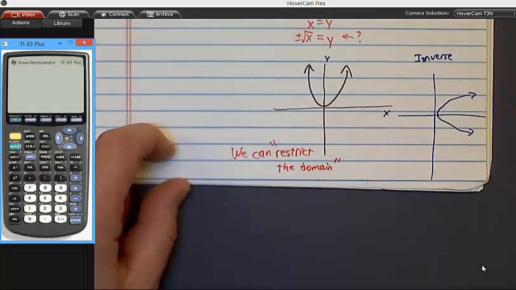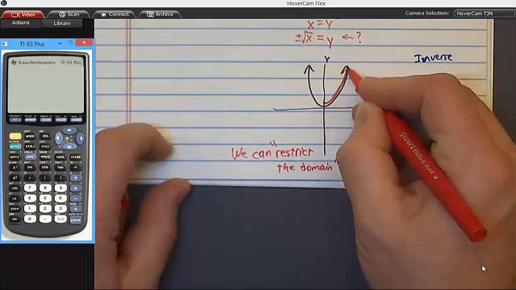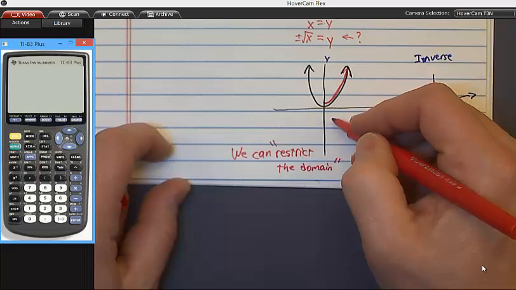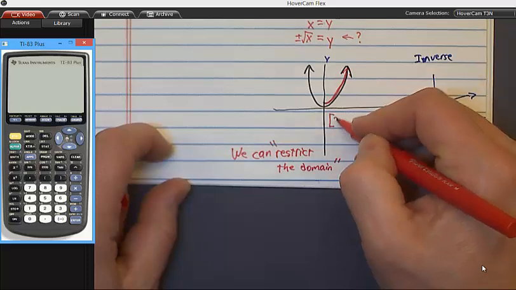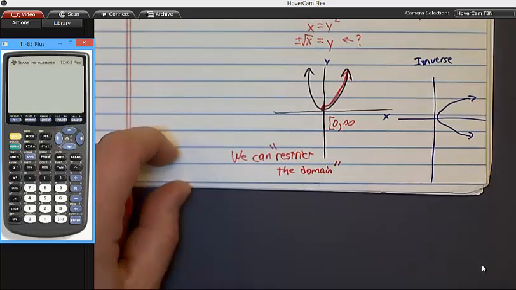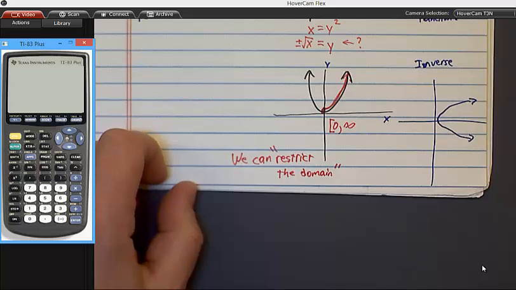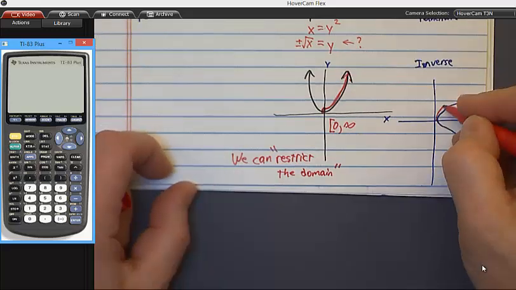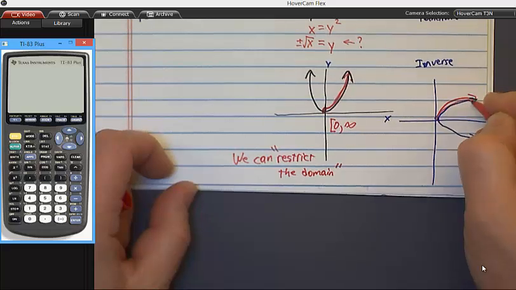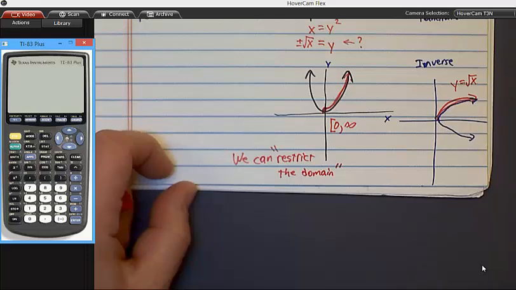But I'm only going to use some of them. I'm only going to use this side. Say that the domain is from 0 to infinity. If that was what I had as a domain, now would I be able to find an inverse function? Yes, you would. The inverse function would end up being this piece, y equals the square root of x. Do you understand the idea?